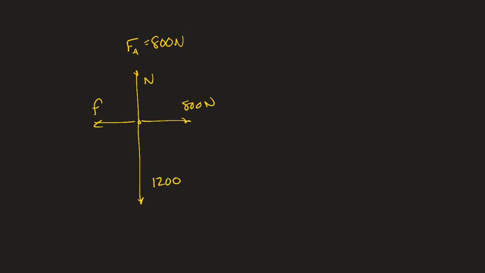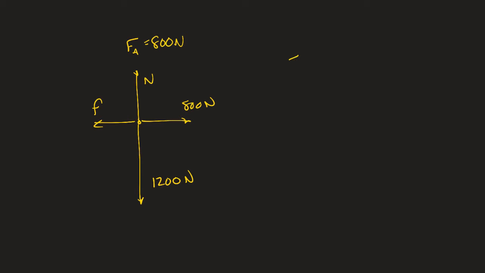Okay. 25, it is the stubborn mule question. The farmer is able to move the mule as if he can break static friction, and he is pulling with an applied force of 800 newtons. I'm thinking we've got 800 newtons, friction, normal force, and 1200 newtons, the weight of the mule.